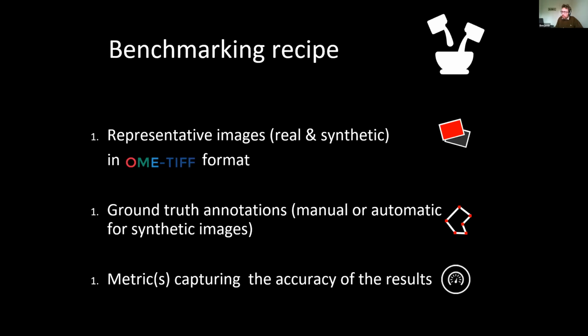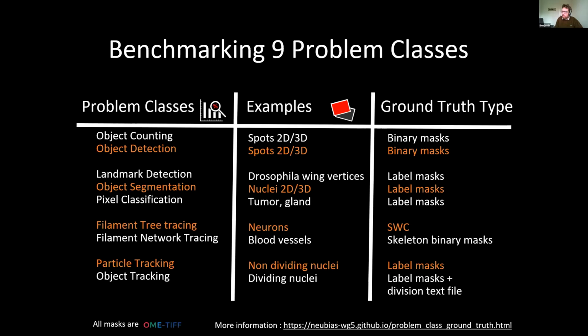Then you need ground truth annotations, either manual or automatic for synthetic images. And then you need one or multiple metrics that will capture the accuracy of the result.